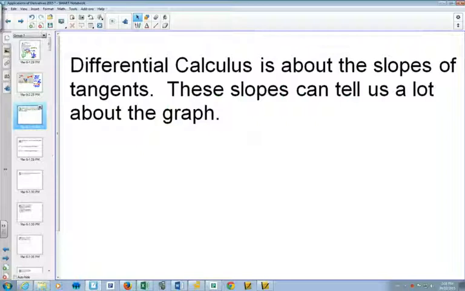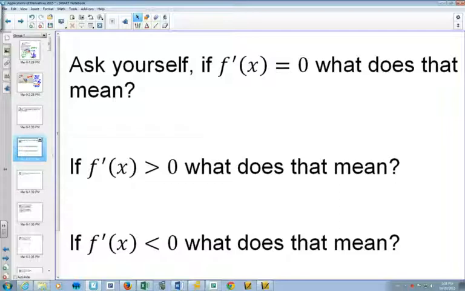So we know already that all of our derivatives that we do are about slopes of tangents. And those slopes can tell us a lot about the graph. On that blue sheet that we just worked on, we used these ideas. I put idea number 1 was whenever the derivative is 0.